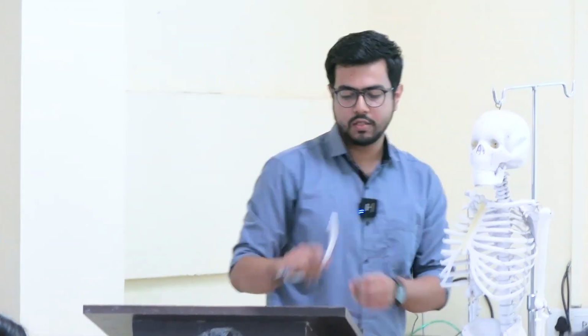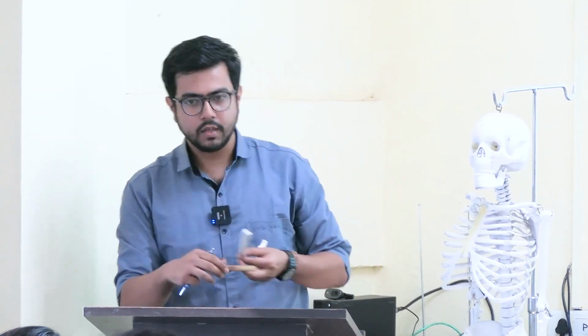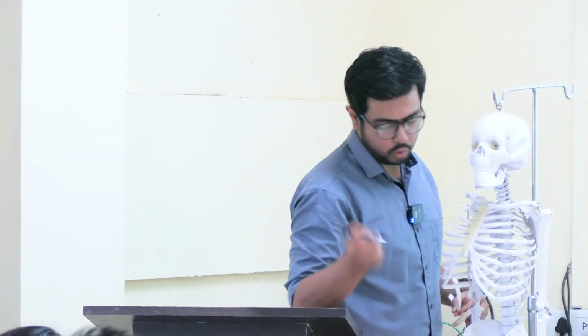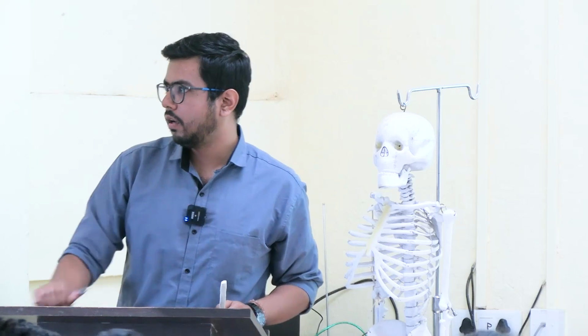Did you understand? Outer lip. The external intercostal muscle originates from here and inserts in its lower rib, in the outer lip of the shaft of the typical rib.